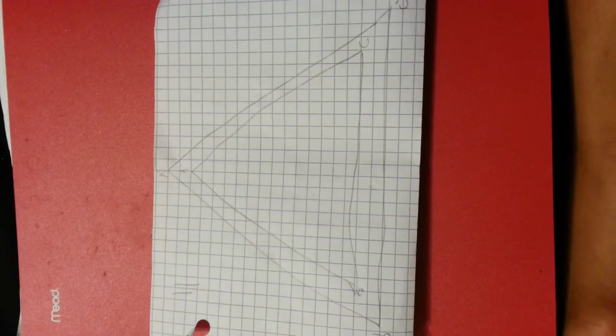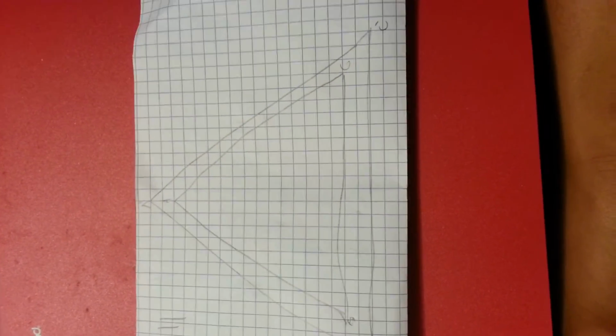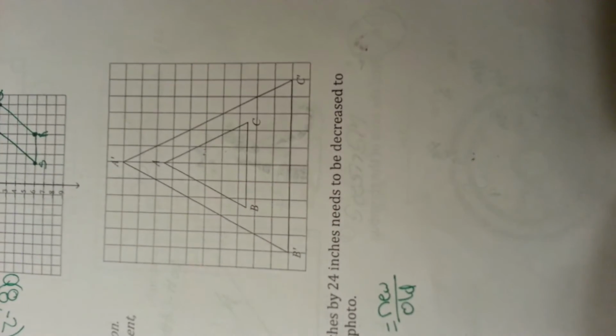Okay, for 11, my picture isn't the best drawing, so I'm just gonna use the packet. Okay, so this is a picture. The directions for number 11 are determine the scale factor of the dilation, and determine whether the dilation is an enlargement, reduction, or congruent transformation.